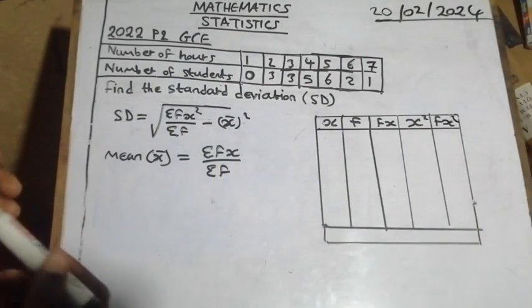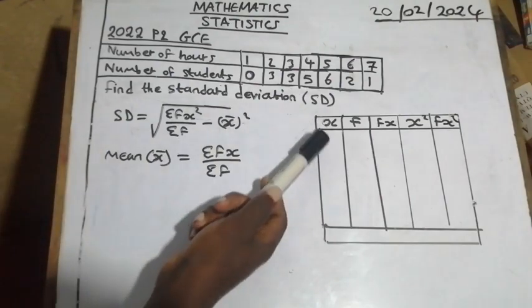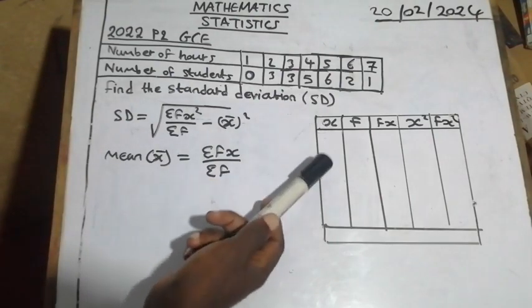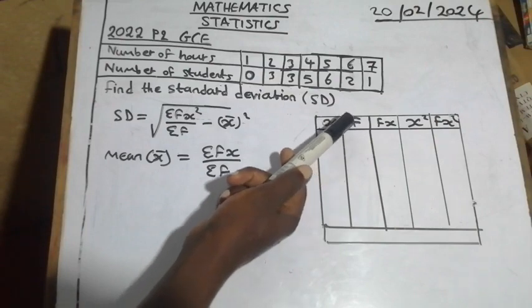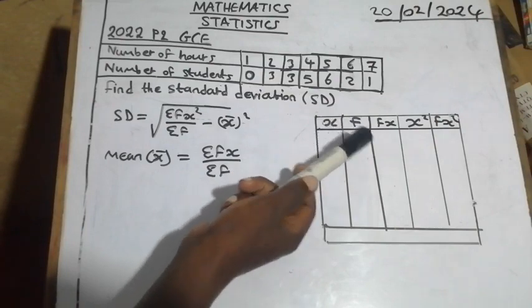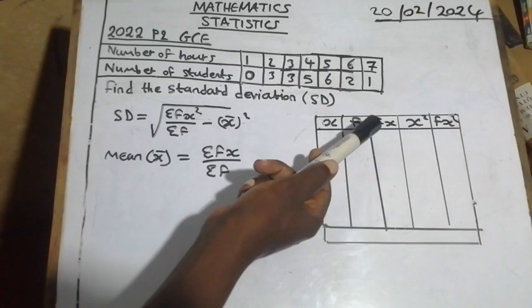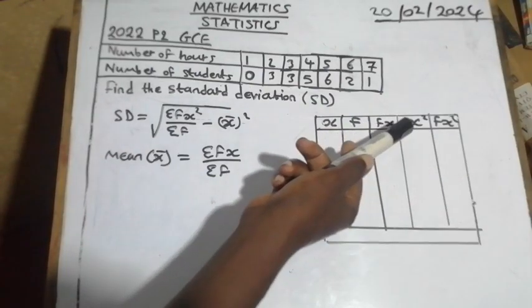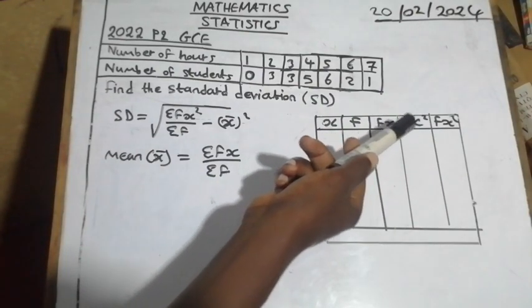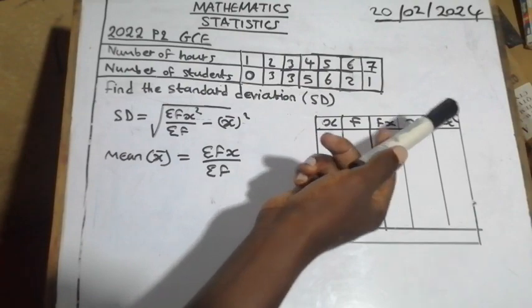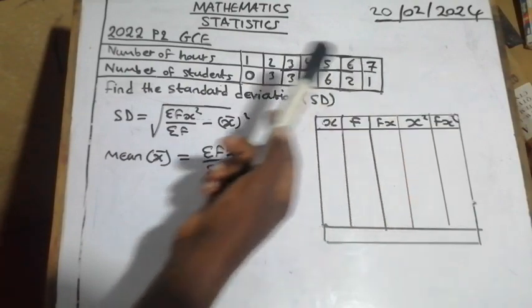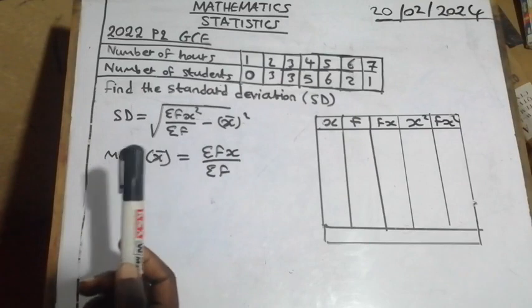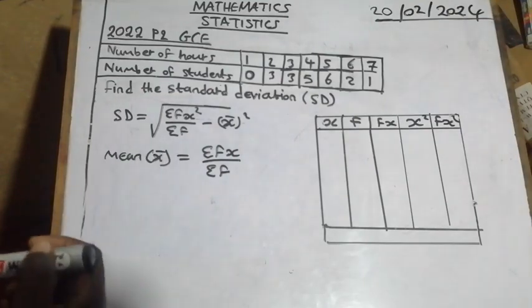So the first column is for the midpoint, which represents the x values. The second column is for frequency. The third column is for the product of frequency and midpoint. The fourth column is for x squared, which is the midpoint squared. Then the last column is for frequency times x squared.